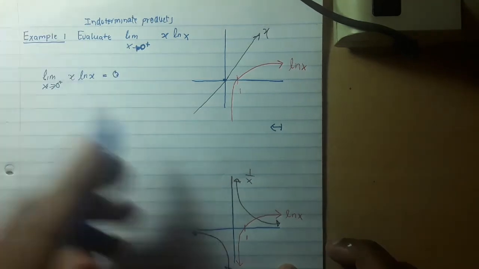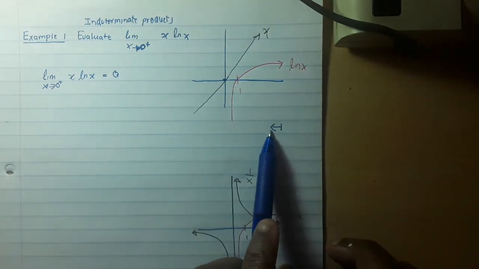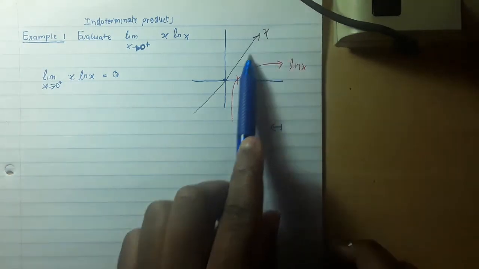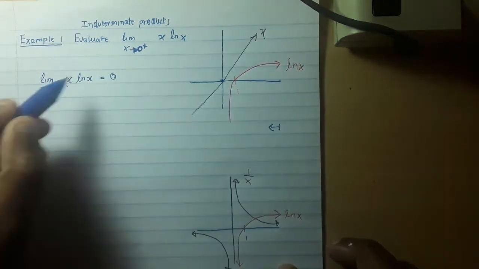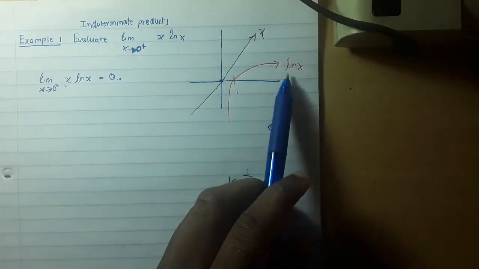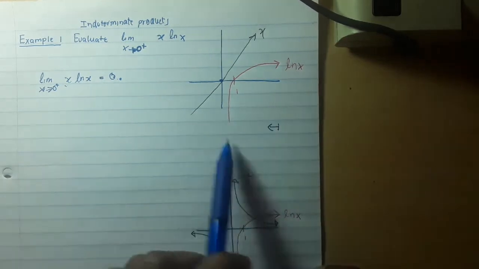If we're looking at x, as we move towards 0 from the right, x goes to 0. So we have x going to 0, and as we've said, approaching 0 from the right side, ln x goes to minus infinity.